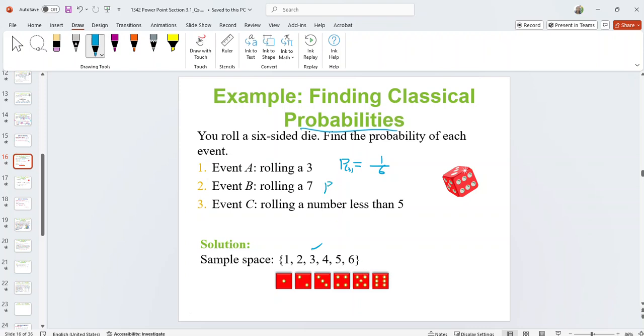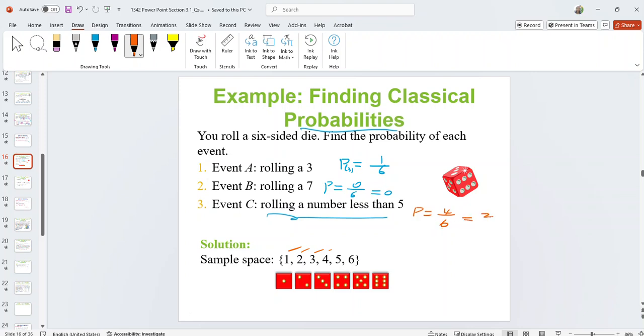So that's 0. Okay, rolling a number less than 5. Less than 5 doesn't include 5, so it's 1, 2, 3, 4. So this probability will be 4 out of 6, and you do need to simplify. If you get a fraction, you have to simplify.